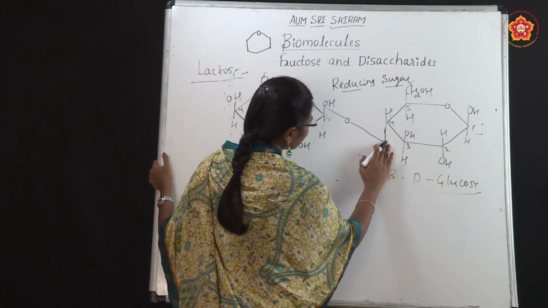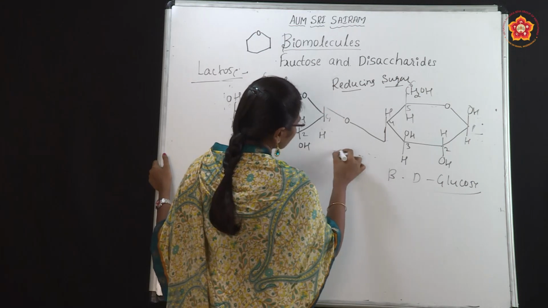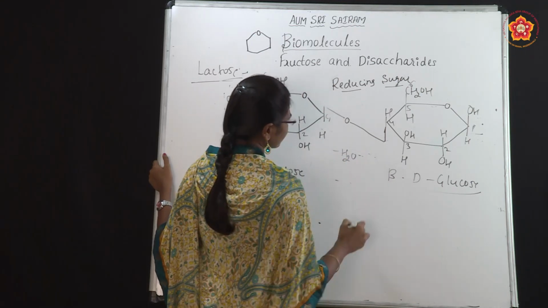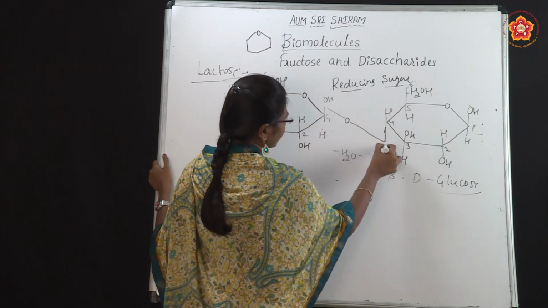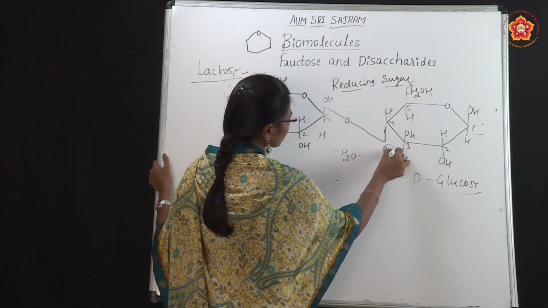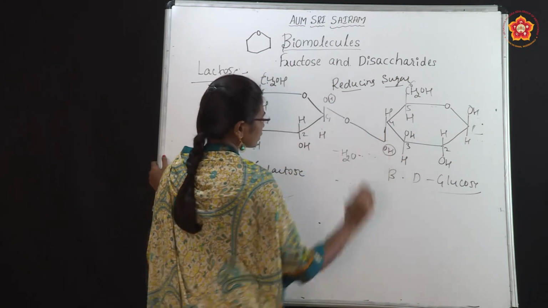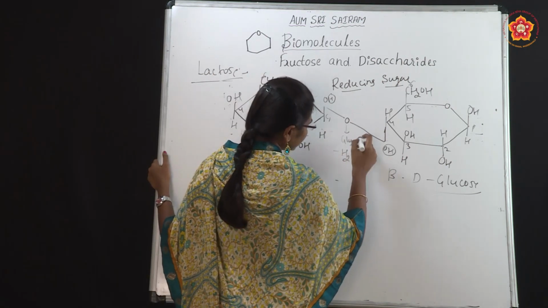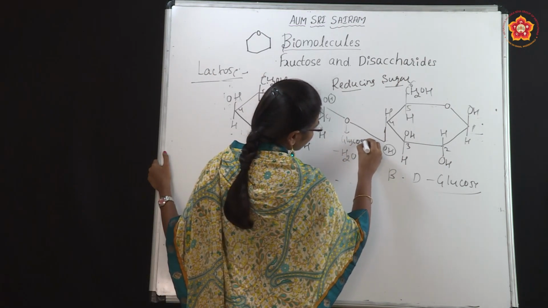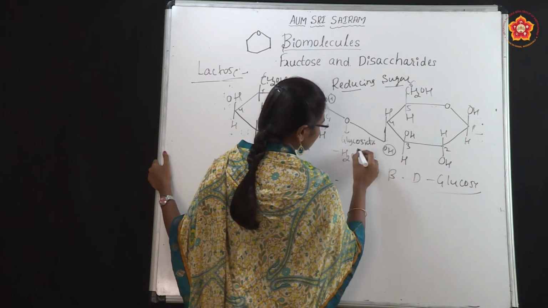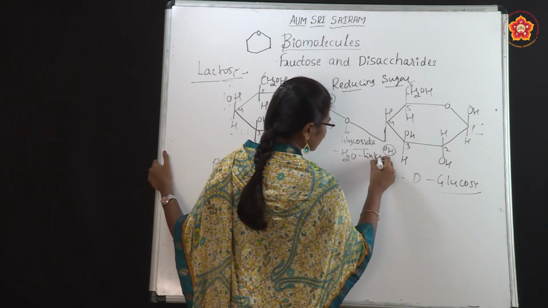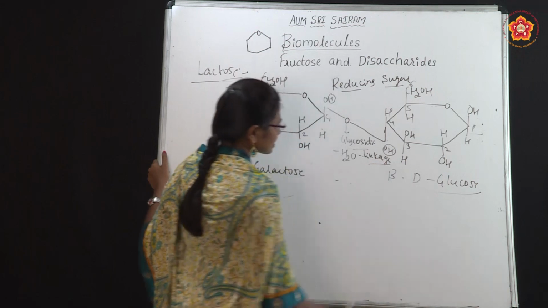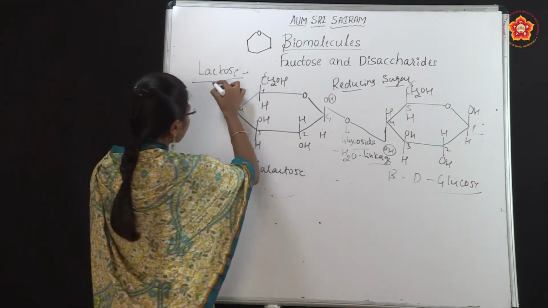Now here elimination of water molecule takes place because here OH was there and here also OH was there, one OH and one H, and the oxygen will come between, and this is called glycosidic linkage. This is the structure of lactose.